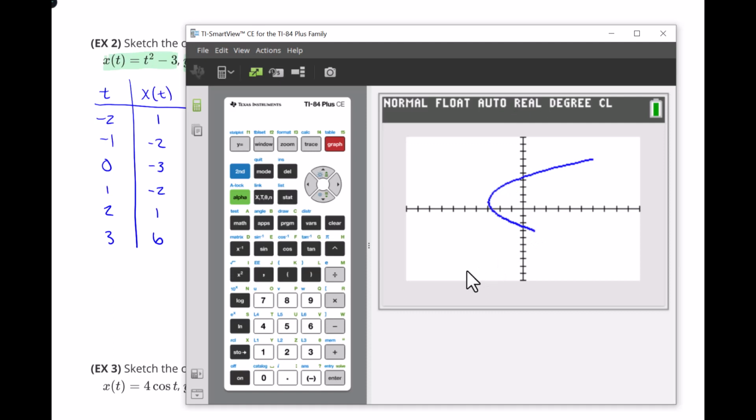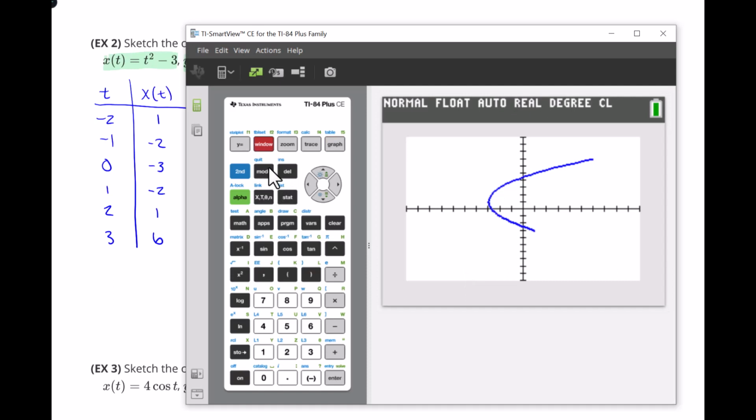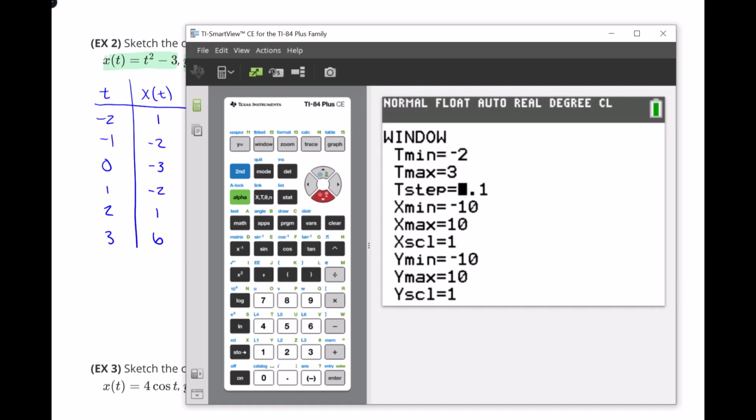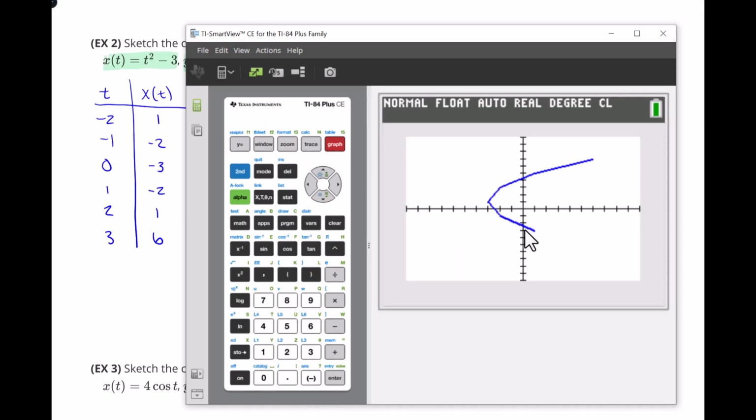One thing I'd like to mention, just so you see what happens with the t-step, if I change the t-step down to 1 and hit graph, notice I still get an approximate curve.